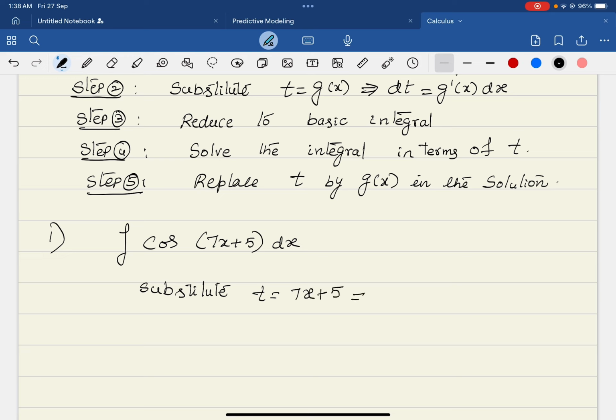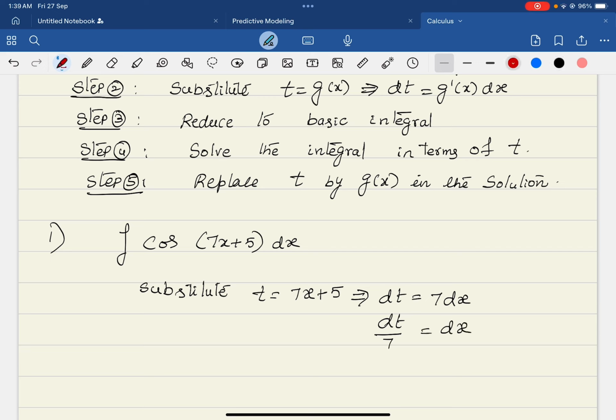When you differentiate, t becomes dt, and the derivative of 7x is 7 dx, and the derivative of 5 is 0. Now in the question you don't have 7 dx, you don't have the 7 right here. So we just divide by 7. So we get dt by 7 is equal to dx.